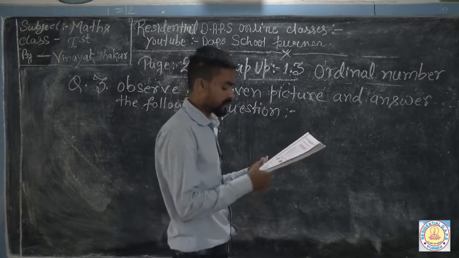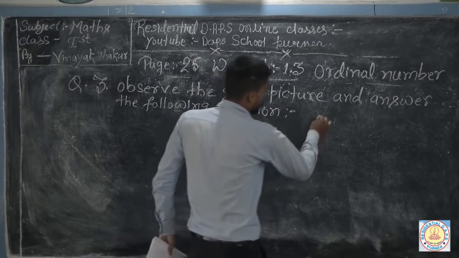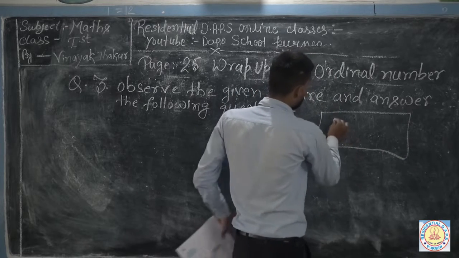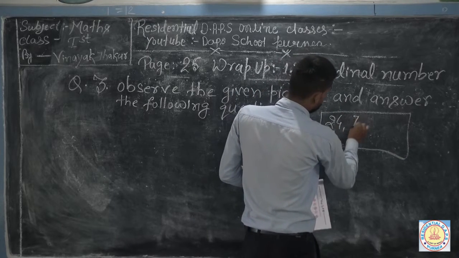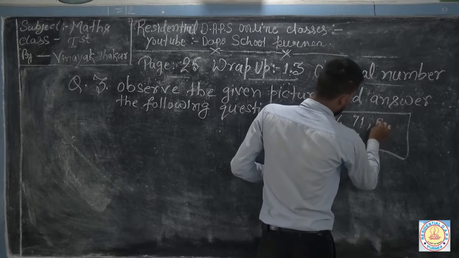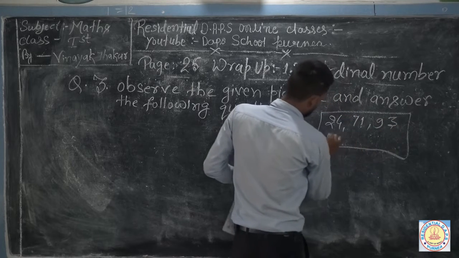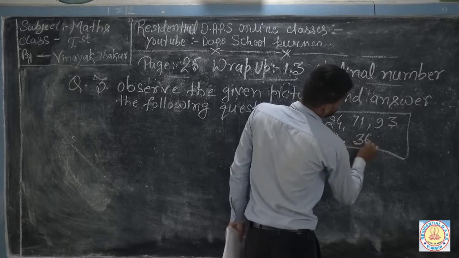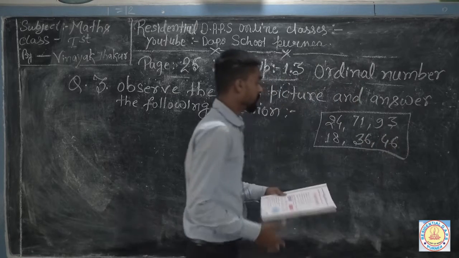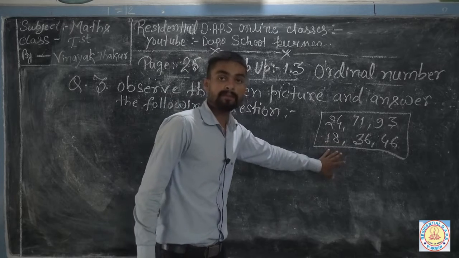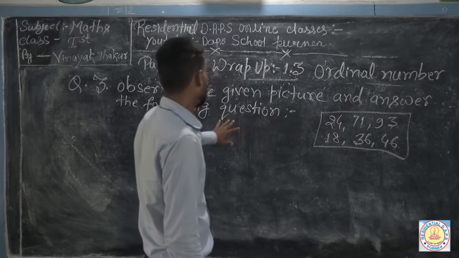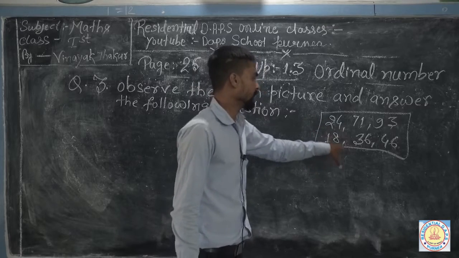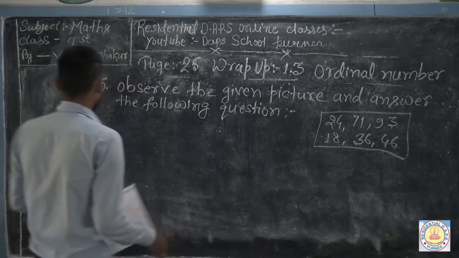Guys, in your picture, these are your numbers, and your numbers are 24, 71, 93, 18, 36, and 46. You have been given these 6 numbers, so you have to answer all the questions using these numbers.